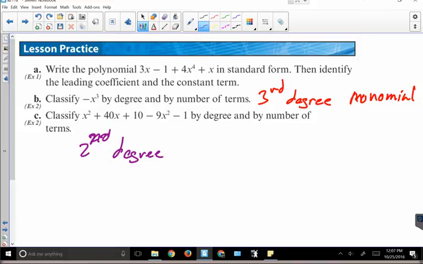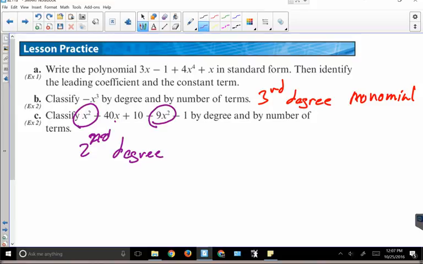And now I need to identify the number of terms. So, Mr. Garthis, how many terms do we have out of this? I got 1, 2, 3, 4, 5. Close. Are any of them like terms? I've got an x squared here, a plain old x here, a 10 here, an x squared here, and a plain old 1 there.